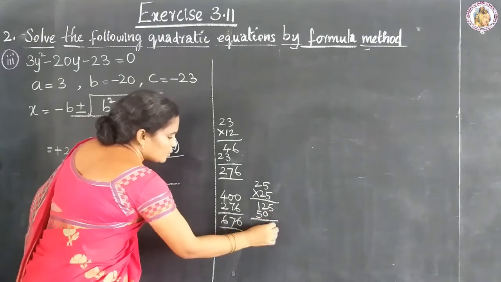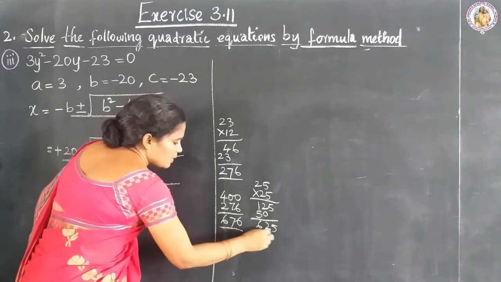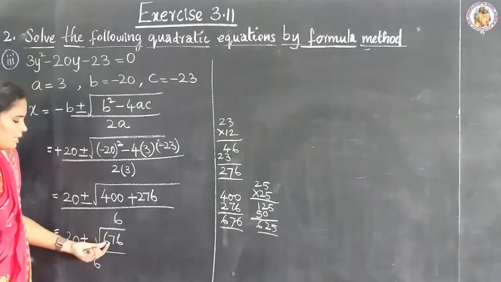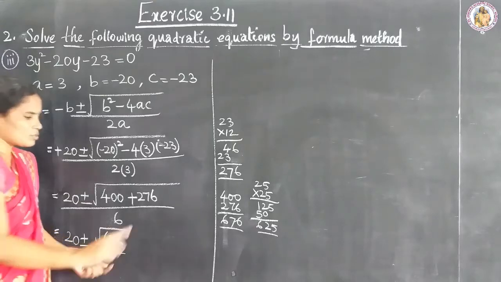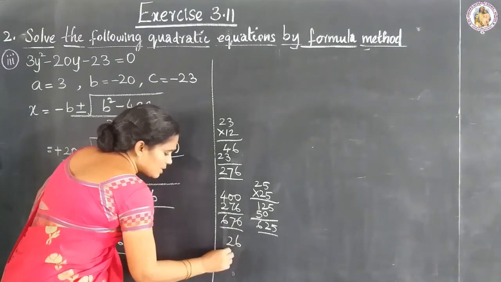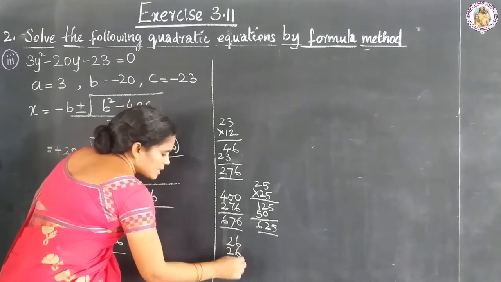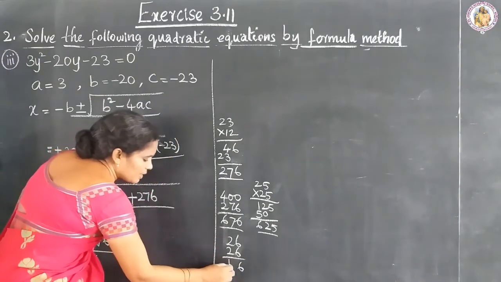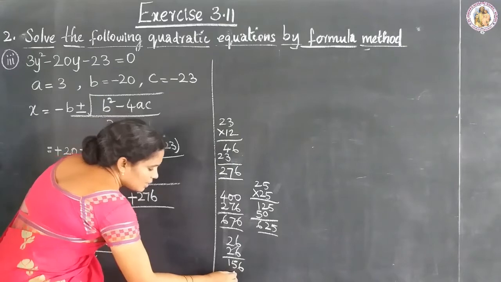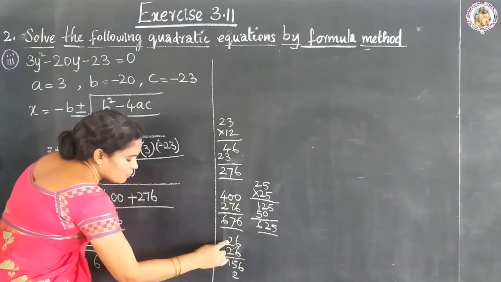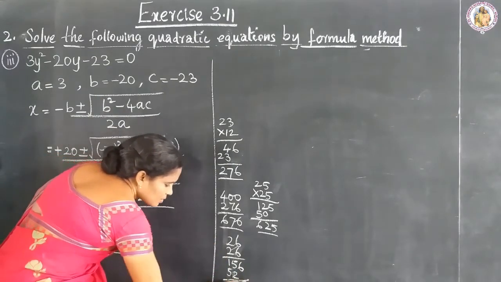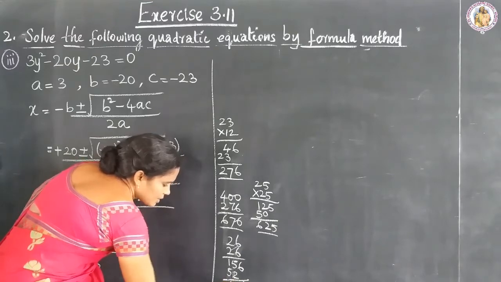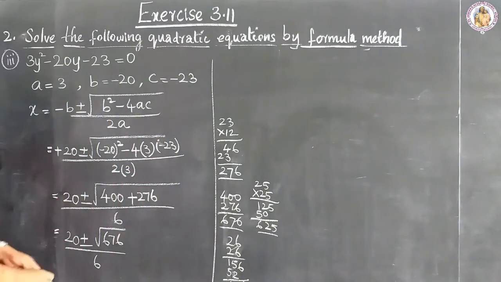So 25 into 25 is 625. So we need 676. Go with the next number, that is 26 into 26. 6 6s are 36, remaining 3. 6 2s are 12, 13, 14, 15. And 2 6s are 12, remaining 1. 2 2s are 4, 4 plus 1, 5. So 6 7 6. 676.